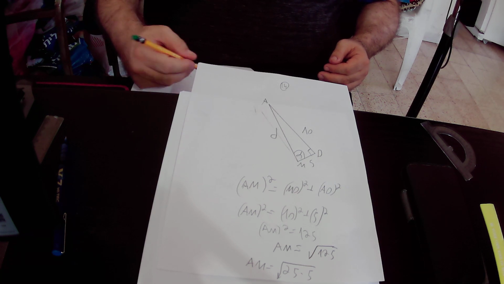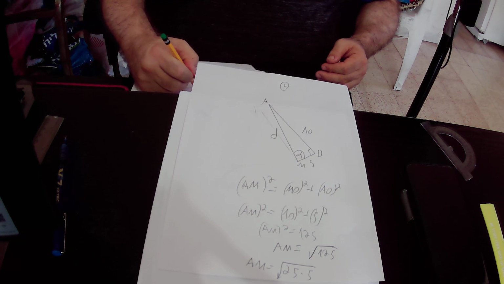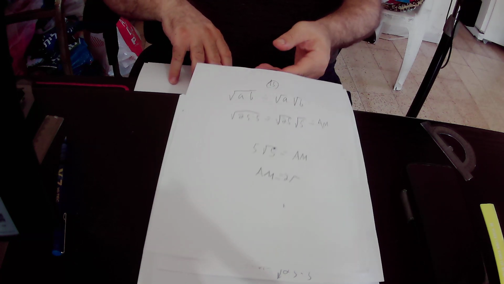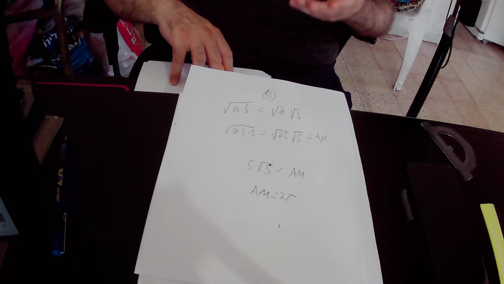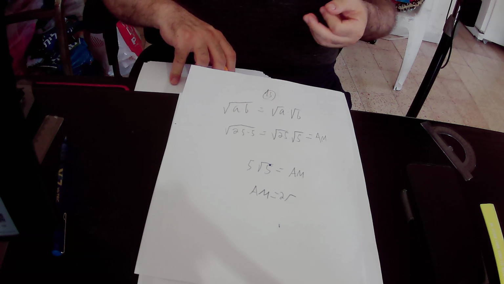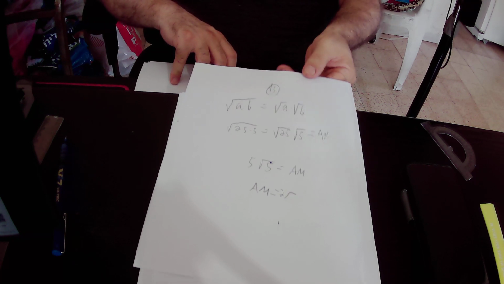So AM equals 2 times the radius. Because AM is the diameter of the circle, AM equals 2 times the radius, so the radius of the circle equals AM over 2.